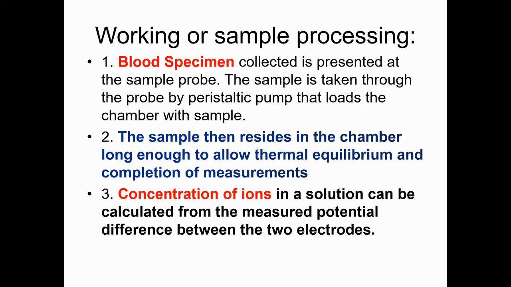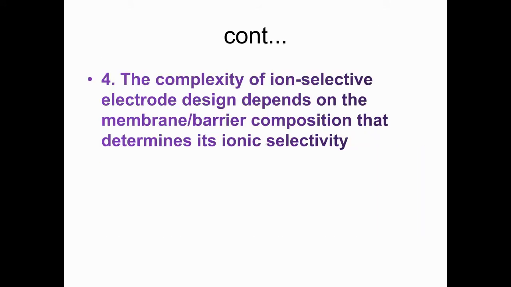This is the principle we saw earlier. A potential difference develops between the two electrodes, and that electrode potential shows as the concentration of ions. So this is the final thing.